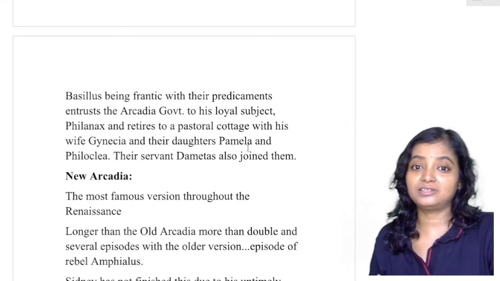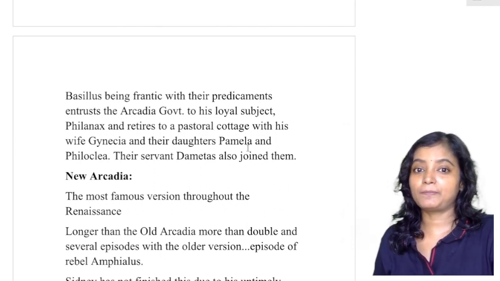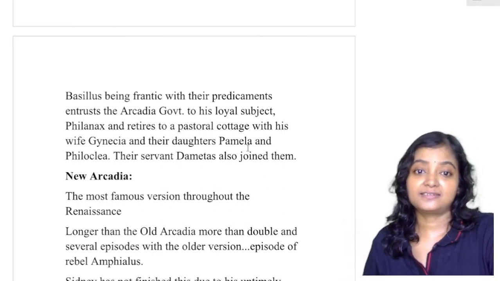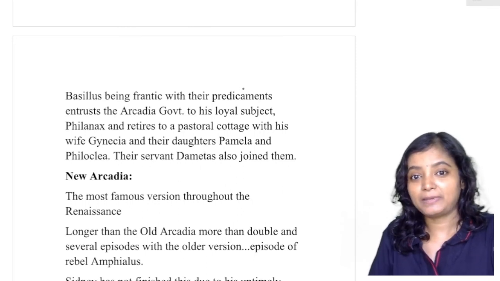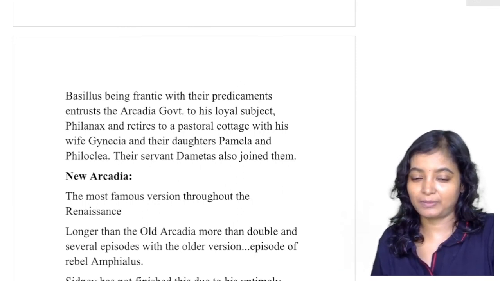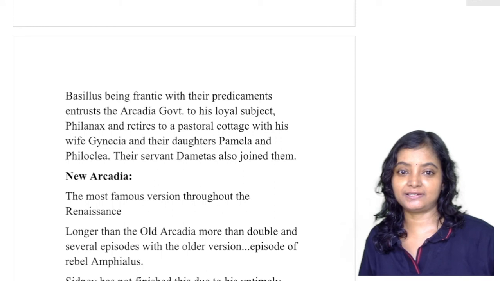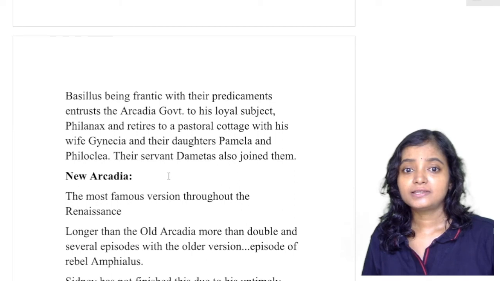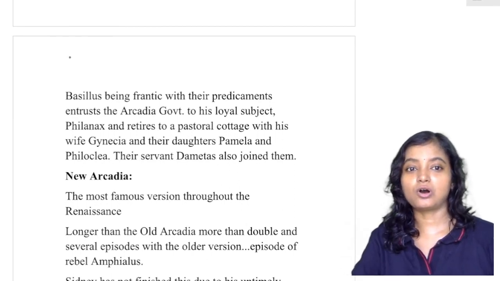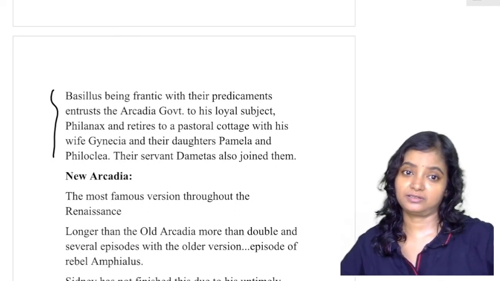Being frantic with these predicaments, he entrusts the Arcadian government to his loyal subject Philanax and retires to a pastoral cottage with his wife Gynecia and their daughters Pamela and Philoclea. From this Pamela we find Richardson's Pamela. We will talk in detail about this later, when we talk about Arcadia in detail. And they also took with them the servant Dametas. So all of them retired to the pastoral cottage due to the foreboding.